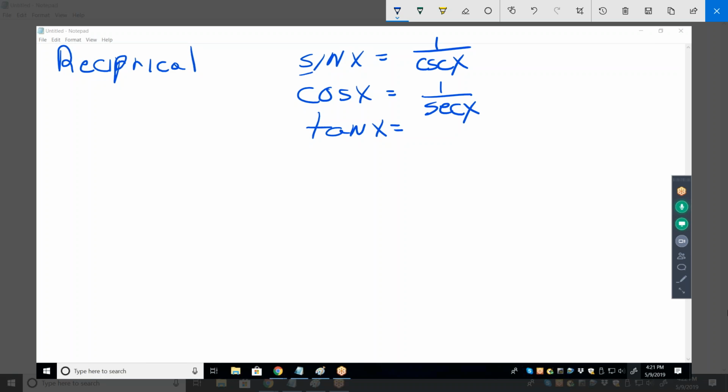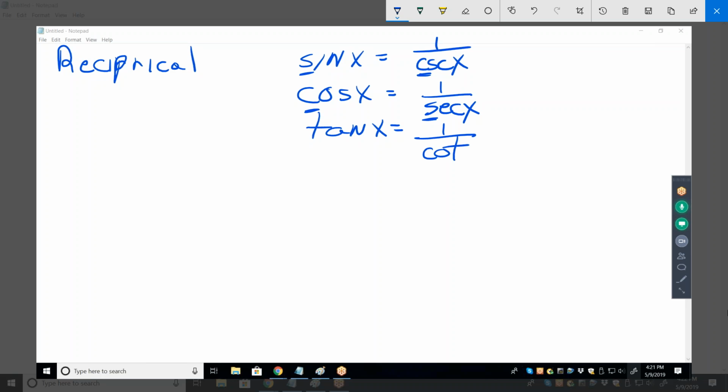Notice SCCS. First letters are never the same. That automatically tells you what it is. In other words, don't ever make sine x the reciprocal of secant x, because they would both have the same first letter. And what's the reciprocal of tangent? 1 over cotangent.